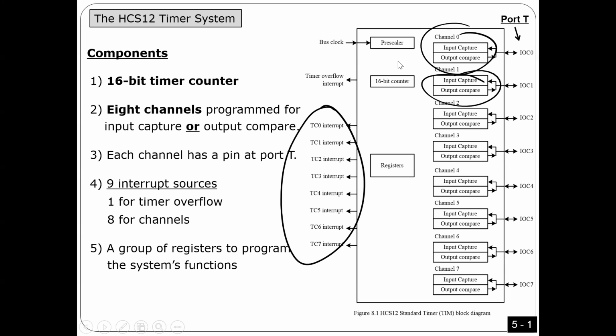And every channel can work as input capture or output compare, this one or that one. How can you select? You can program it. Similar to what I said before, if you have a pin, you can program this pin as input or output. It's the same thing here. Again, that's good because we have flexibility. If you need all of them as input capture, you can program it and select what you want to do here, input capture or output compare.